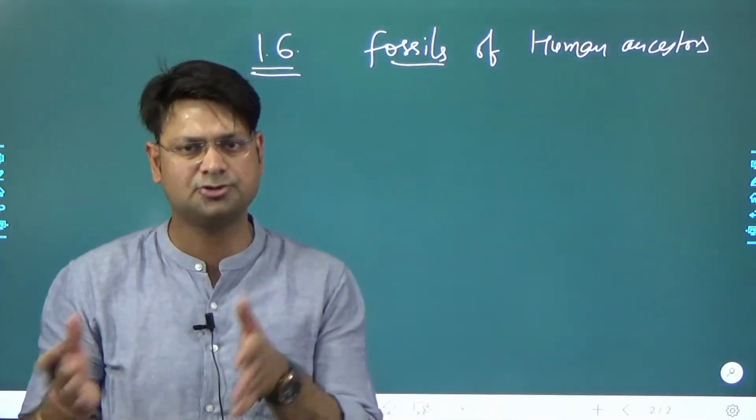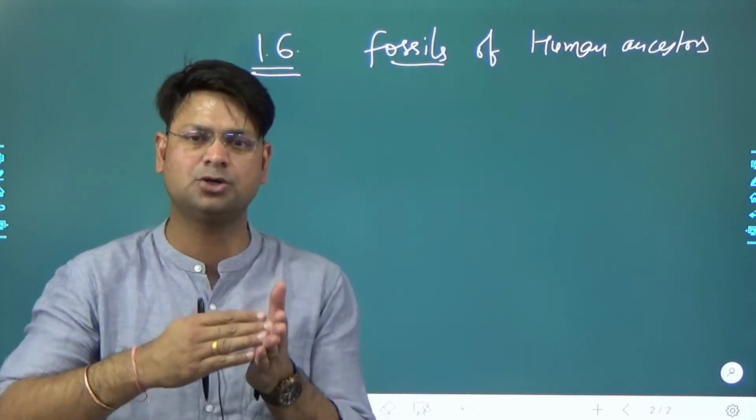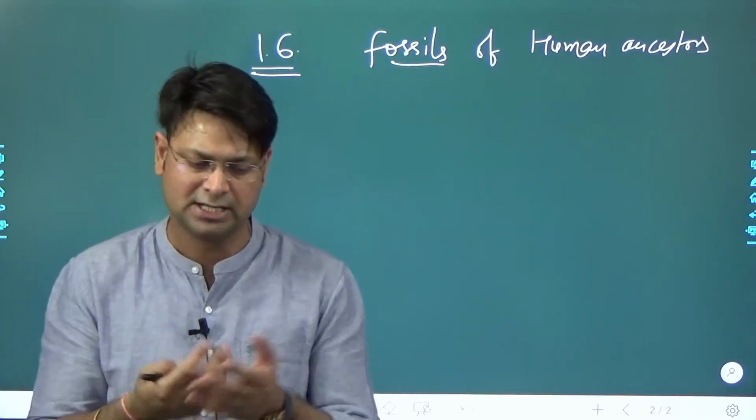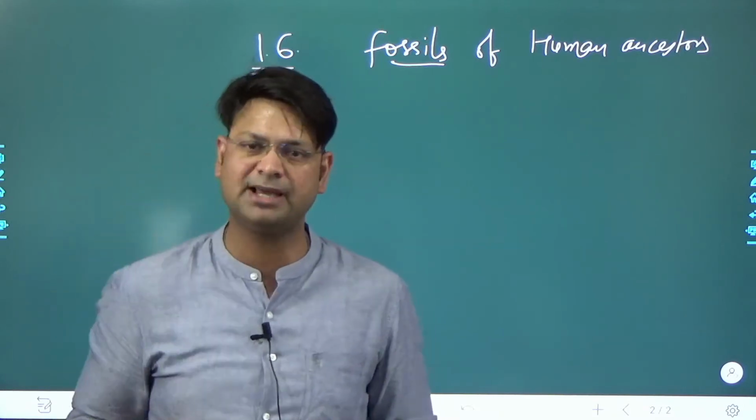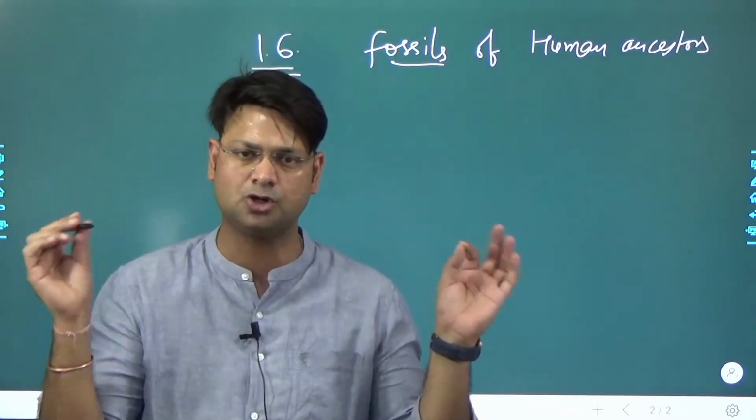Man is also a primate. We are an evolved primate, a unique primate who has the ability to speak, who has a very complex brain, who has the ability to manipulate objects.